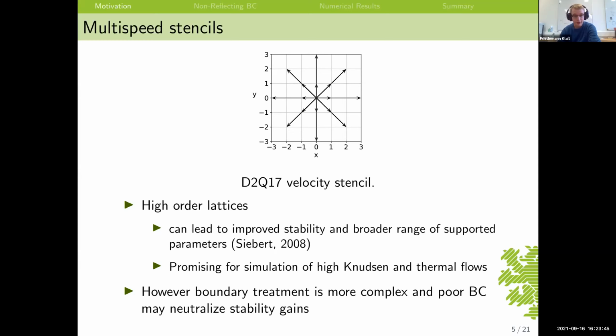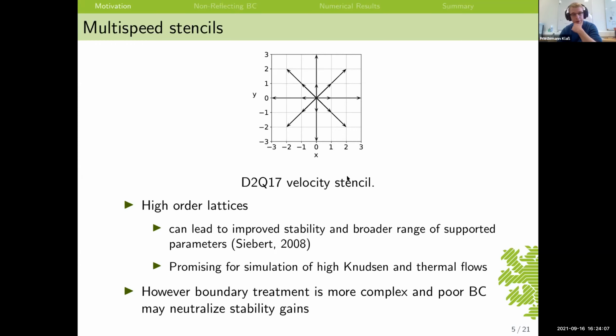This has conceptually nice features because it has been shown in this paper by Siebert and co-workers in 2008 that this can lead to improved stability and support a broader range of parameters. It is also a very promising candidate for simulation of high Knudsen or even thermal flows.